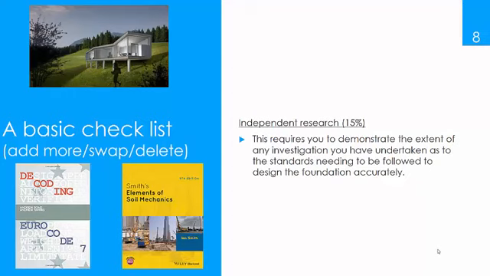If I continue, the 15% is for independent research. So you will do research all the time. This requires that you demonstrate the extent of any investigation you have undertaken, as the standards need to be followed to design the foundation accurately.